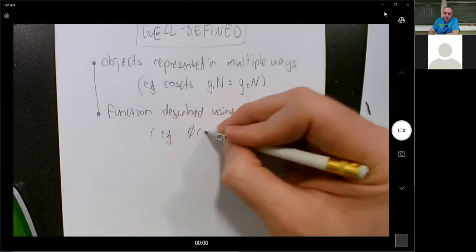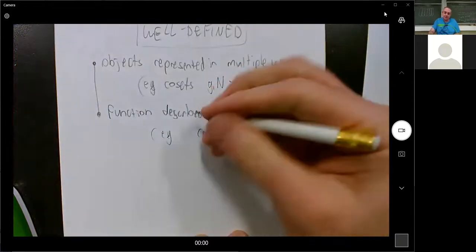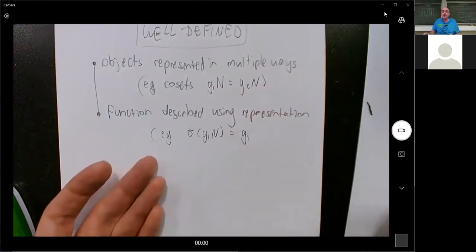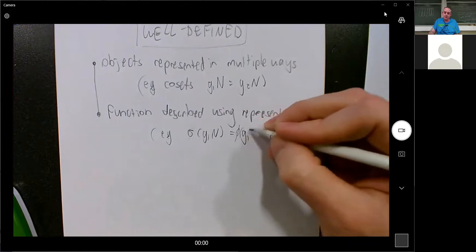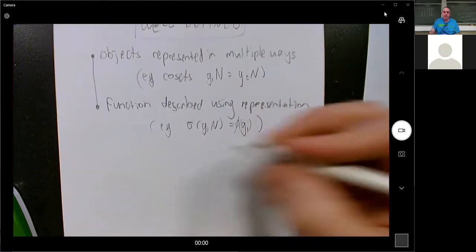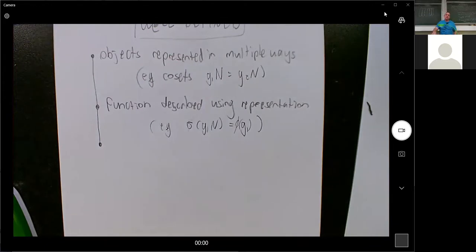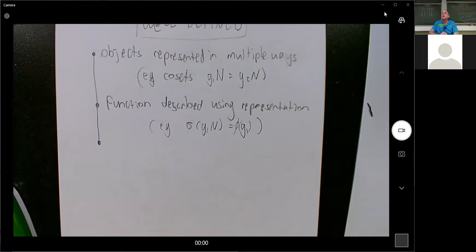E.g. sigma of g1n is, for example. Then what you worry about is that using a different version of the representation of the same thing, you might get different answers.